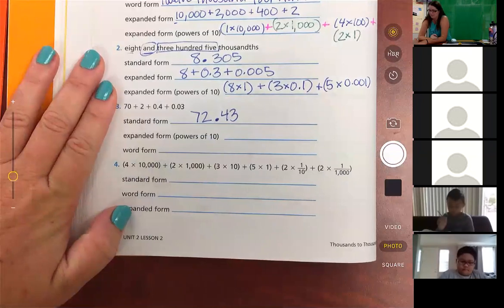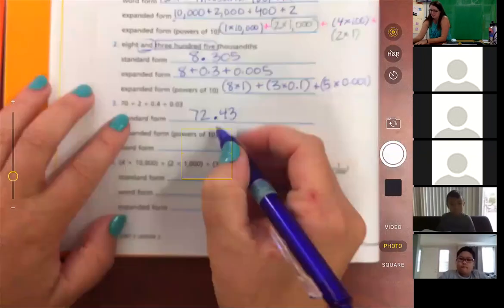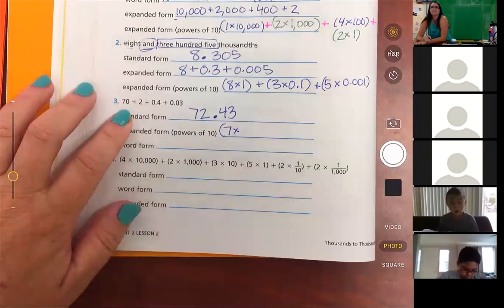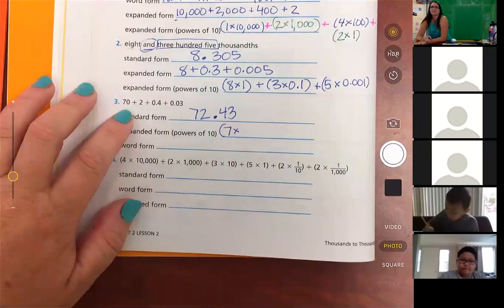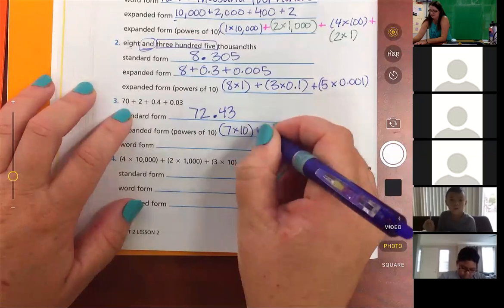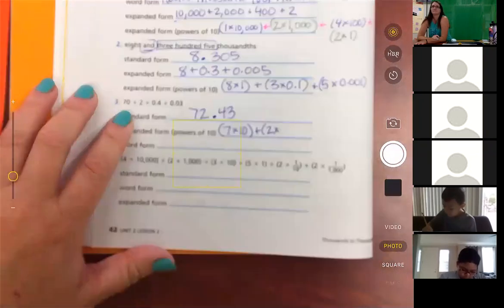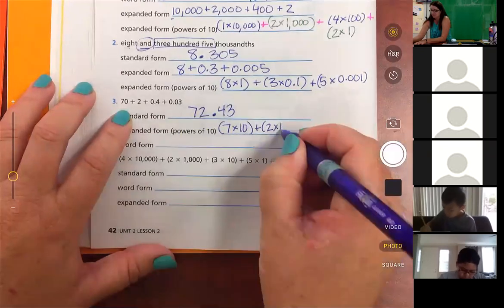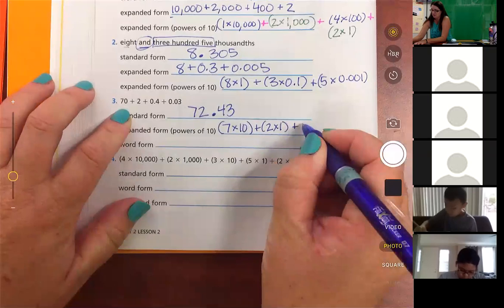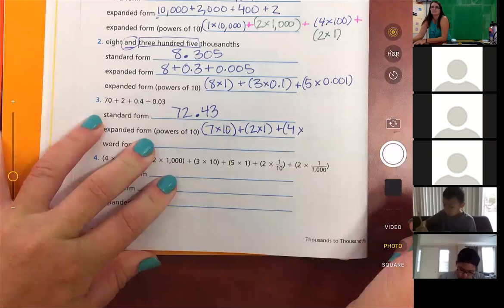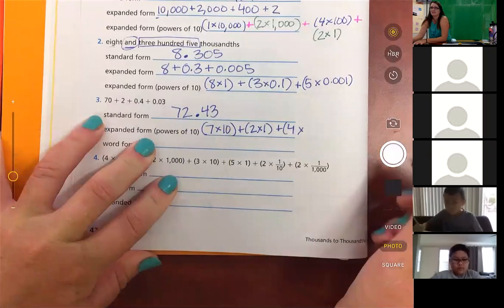Okay. Expanded form, powers of 10. My 7 times what? Times 10, because the 7 is in the tens place. Plus 2 times what? 1, because the 2 is in the ones place. Plus 4 times what? 4/10.